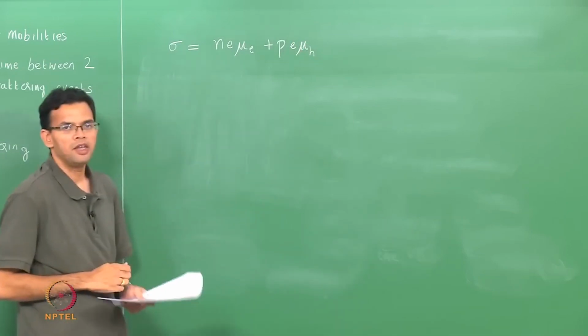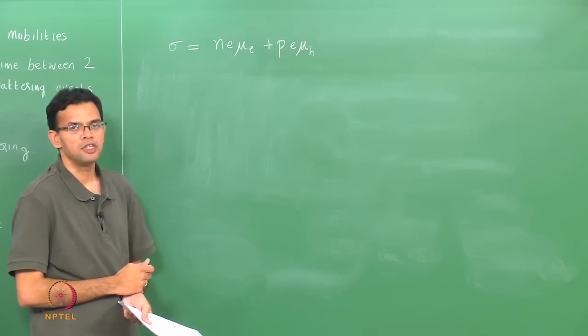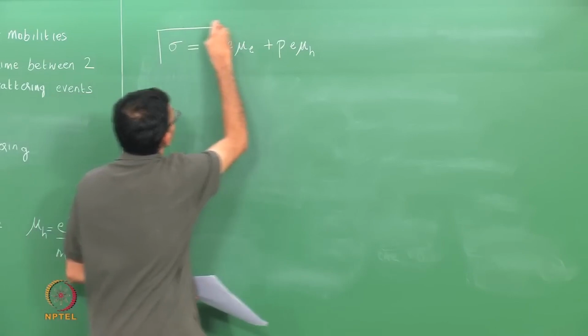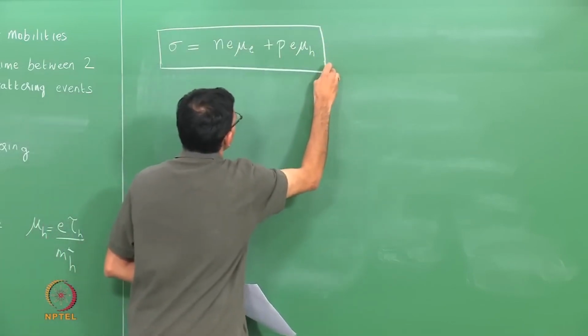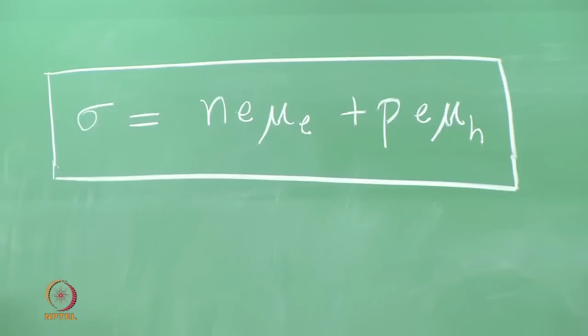Now, this is a very important equation which relates the conductivity to the electron concentration and the mobility. And this equation is true whether you have an intrinsic semiconductor or an extrinsic semiconductor.